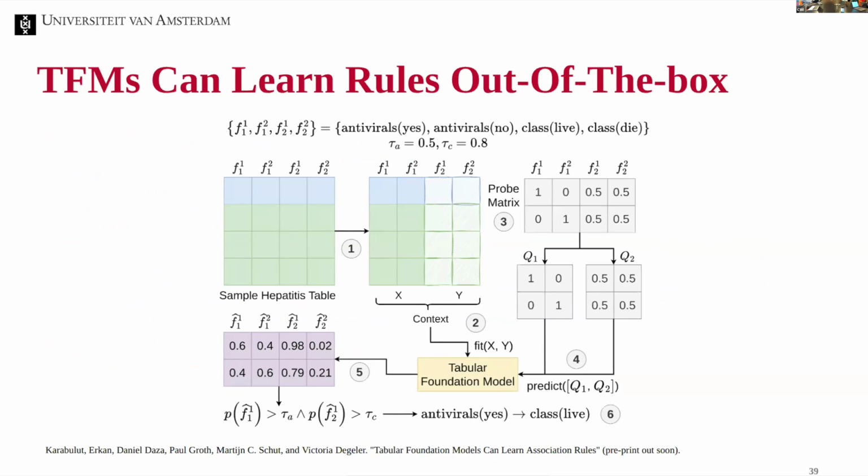We create this probing matrix, which is the same as the ones that I showed you, odor, foul, etc. But the tabular foundation model predicts feature by feature, right? So I have to split this probing matrix per feature, make a prediction with the model per feature, and then reconstruct them at the end into a full prediction matrix, this time not reconstruction but prediction. So we predict each feature one by one over this probing matrix and then apply the same threshold.